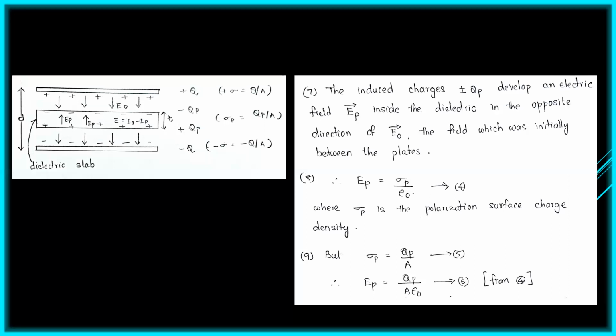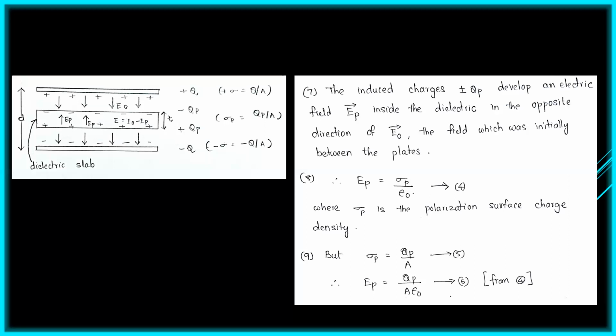Now, EP, the electric field due to polarization, is equal to sigma p by epsilon naught, where sigma p is the polarization surface charge density. That is equation number 4.